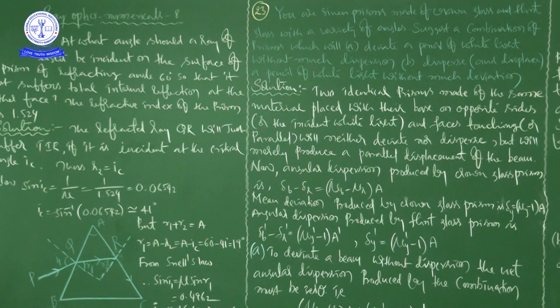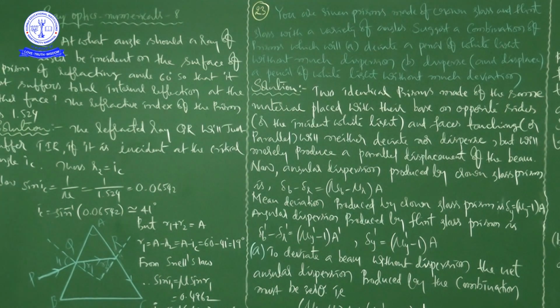So what is that? To deviate a beam without dispersion, the net angular dispersion produced by the combination must be 0. We write the same condition in mathematical form: mu B minus mu R into A plus mu B dash minus mu R dash into A dash is equal to 0.